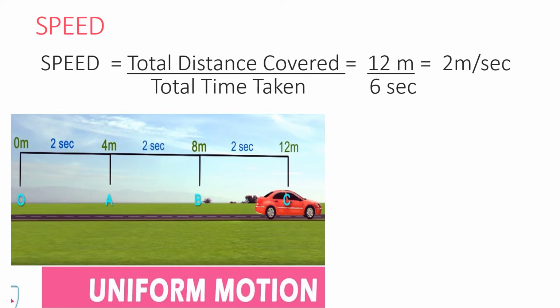So what is speed? The distance covered by an object in a unit time is said to be the speed of the object. When we say that a car is moving with a speed of 50 kilometers per hour, it implies that it will cover a distance of 50 kilometers in 1 hour.